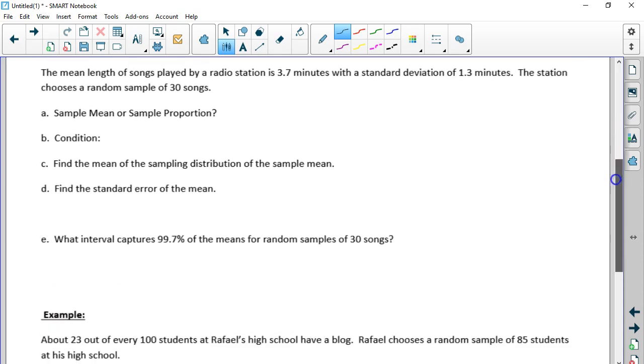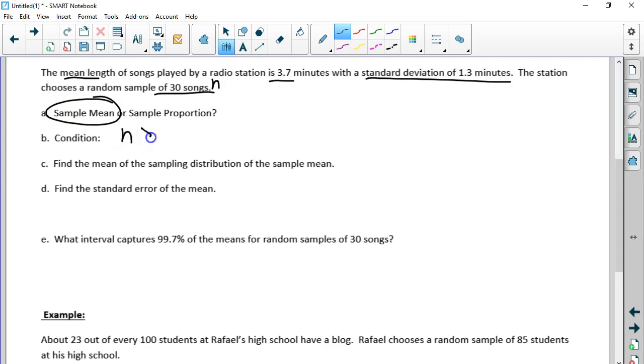So another example. We're almost done. Mean length of songs. So the mean is 3.7, standard deviation of 1.3. They chose 30 songs. That's our n. Alright? So is it a sample mean or a sample proportion? Well, it doesn't say a percent of the population or a fraction of the population, so it's a sample mean. Condition: n's got to be at least 30. Check.